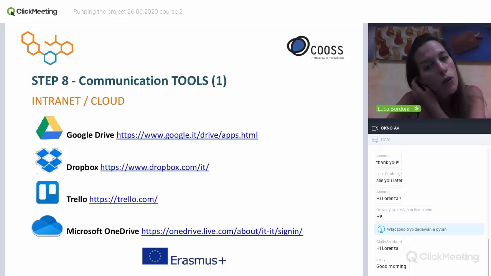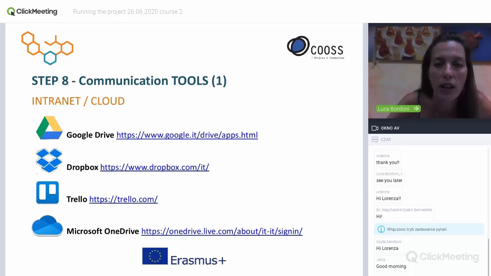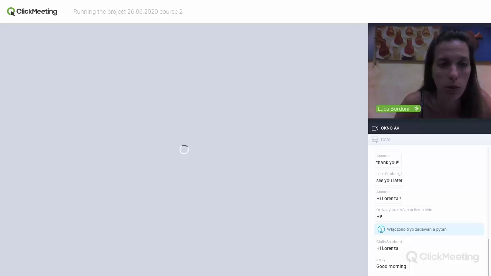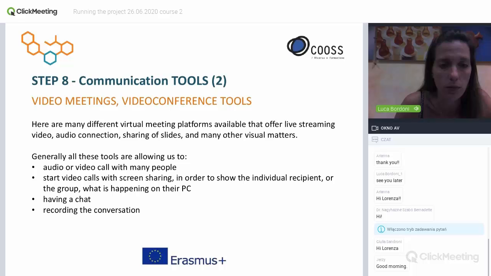For the others, you have only to create your account, and they offer you a space, a cloud, to organize the work and share your work with all the partners of your project, and you can give them the possibility to change something, to modify documents. And they're a really important task management tool given by the net without paying anything.